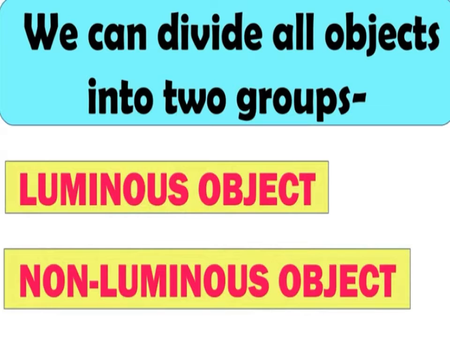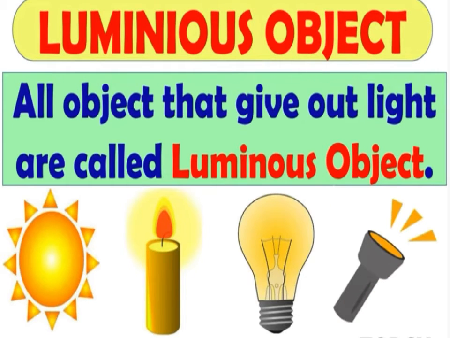We can divide all objects into two categories: luminous objects and non-luminous objects. Now let's discuss about the luminous objects. All objects that give out light are called luminous objects.